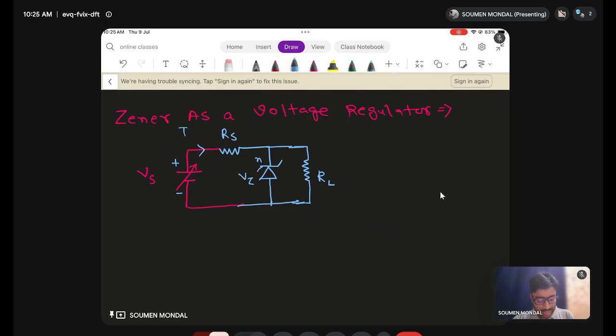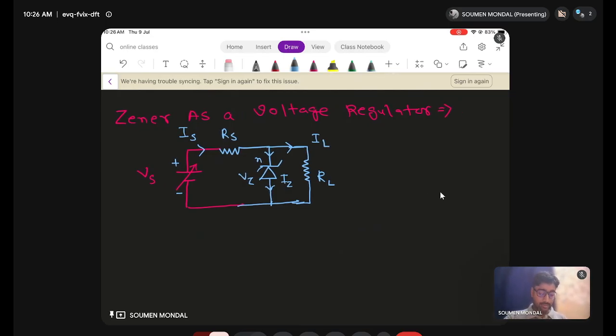Let me call it IS, and if the diode is active, or current is flowing through the diode, you can think some IZ current is passing through the diode. For that case, the diode has to be in breakdown, or we say the voltage across the diode is more than the breakdown voltage VZ, and this is the current IL passing through the RL. So we're going to analyze the circuit.